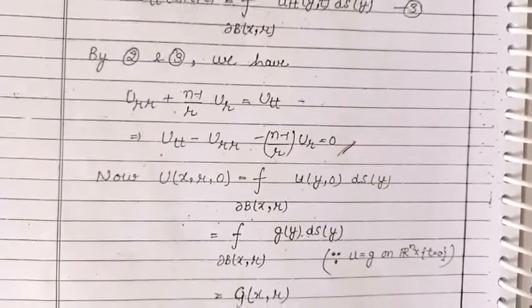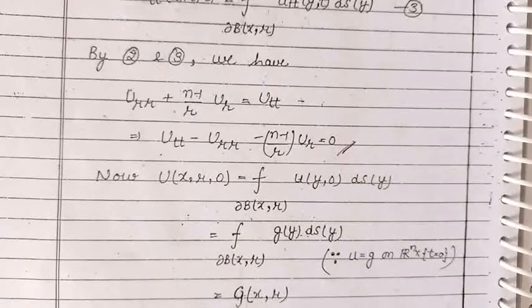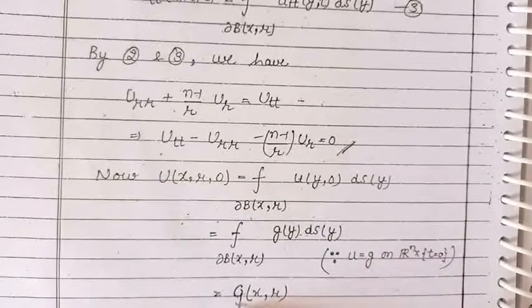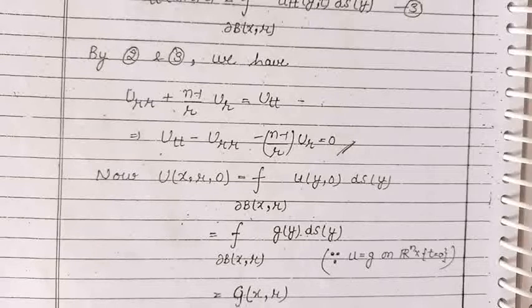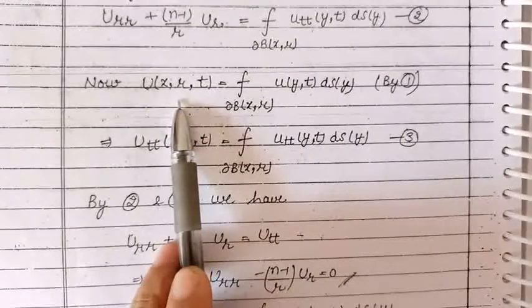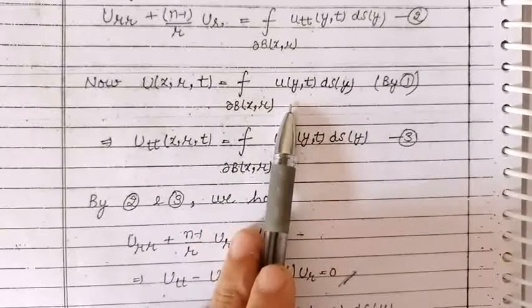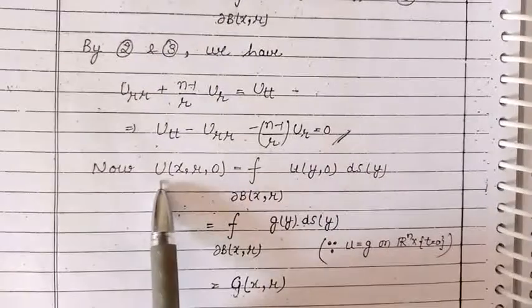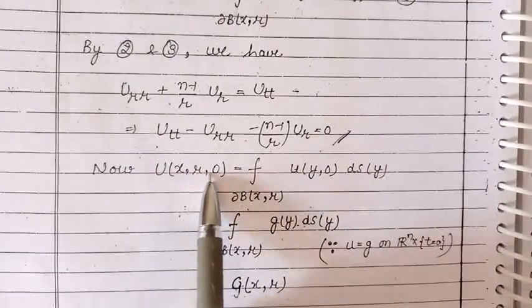Now it remains to prove that when time is 0, the value of this function capital U is capital G, which is the average of the function small g over the sphere with center x, radius r. To verify the initial conditions, let us use this definition of average of small u, substituting t equal to 0 here. So this equation becomes the value of capital U at x, r, 0.